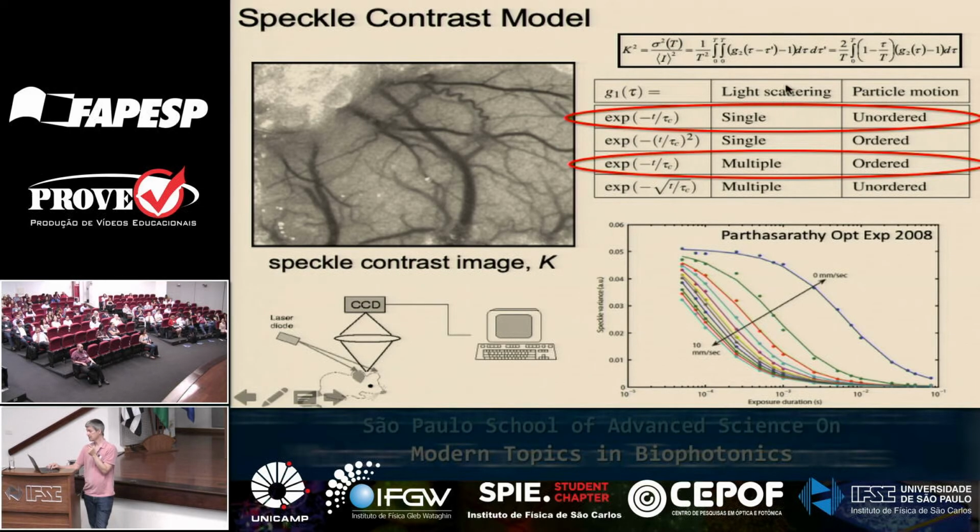These are all related to how much light scattering there is and whether there's ordered or unordered motion. For laser speckle contrast imaging, almost universally, and laser Doppler blood flowmetry, universally, people use this exponential model, tau, right? Which is either multiple scattering of light from the ordered motion of moving red blood cells, or single scattering from unordered motion of red blood cells. People just use this. As Arjun would say, they don't really have experimental support for why they use it, right?